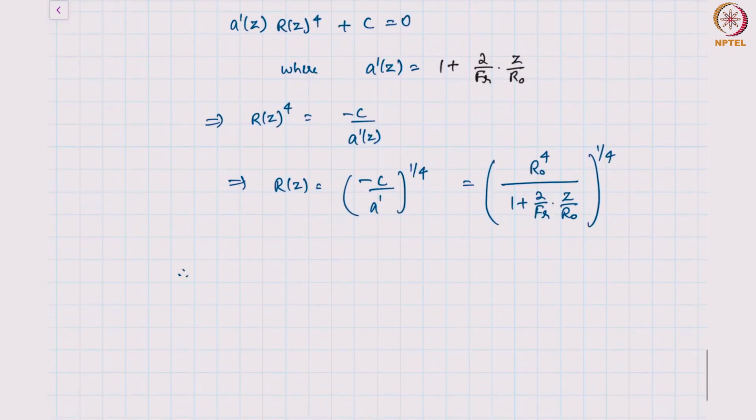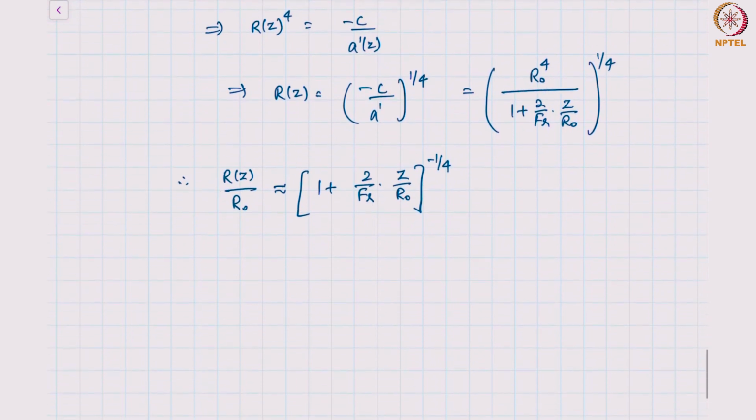And now I have R of Z by R naught is approximately 1 plus 2 by Froude number times Z by R naught, power minus 1 by 4. So in other words, as you go down, as Z is increasing, the radius of the jet is thinning in the form Z power minus 1 by 4.